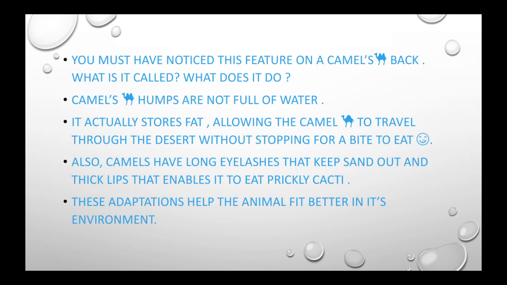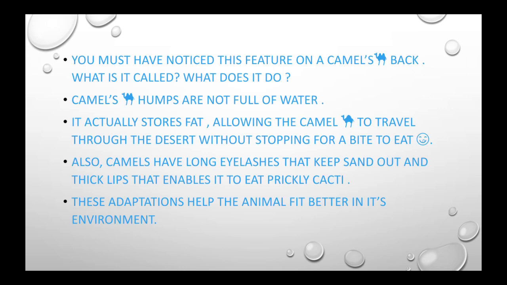They actually store fat, allowing the camel to travel through the desert without stopping for a bite to eat. Also, camels have long eyelashes that keep sand out and thick lips that enable them to eat prickly cacti.